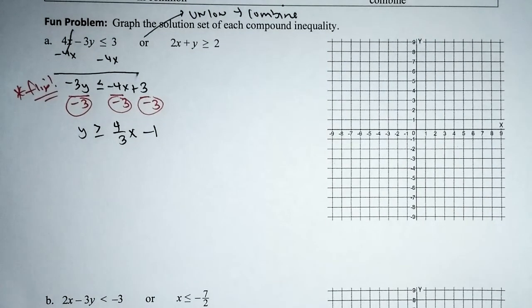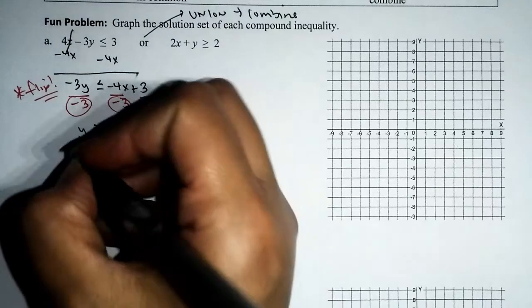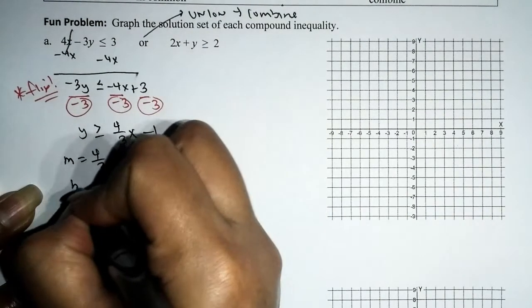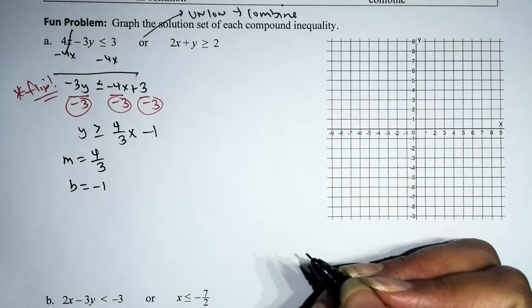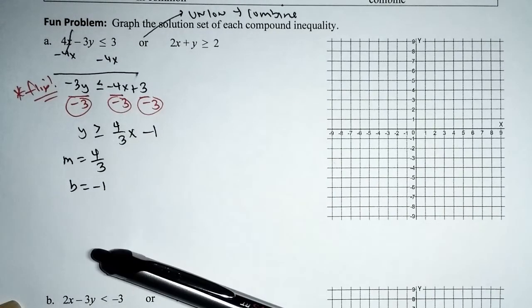All right, so let's write down the game plan. Write down what we need for the line and then make the call if we're going to shade above the line or below the line. In this case, the slope is 4/3. The constant term is negative 1, so our y-intercept is at negative 1. Once we draw the boundary line, are we going to shade above or below the boundary line?